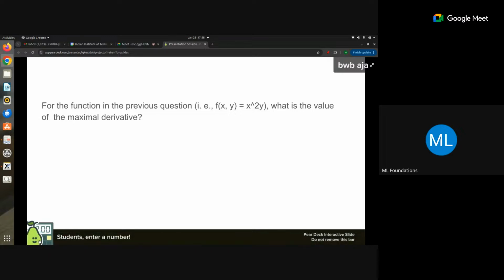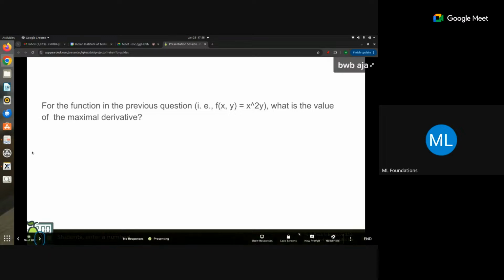What is the maximum? I think we have found the value, right? Sir, what is the difference between maximum and maximum? I think that is the same thing. Anyway, which direction is the derivative maximum? What is the answer for this question?